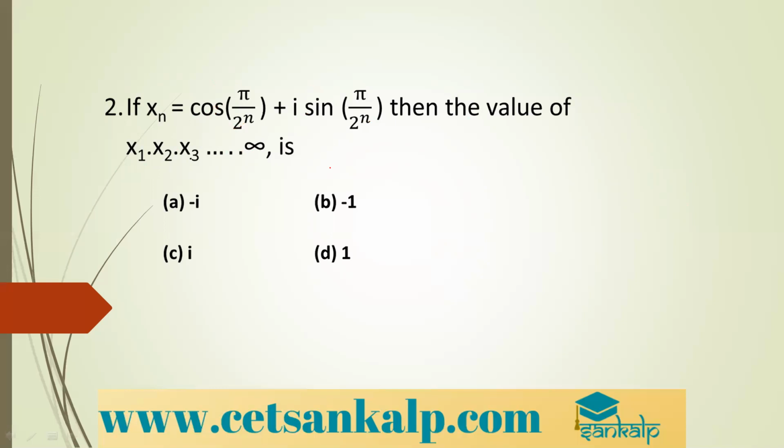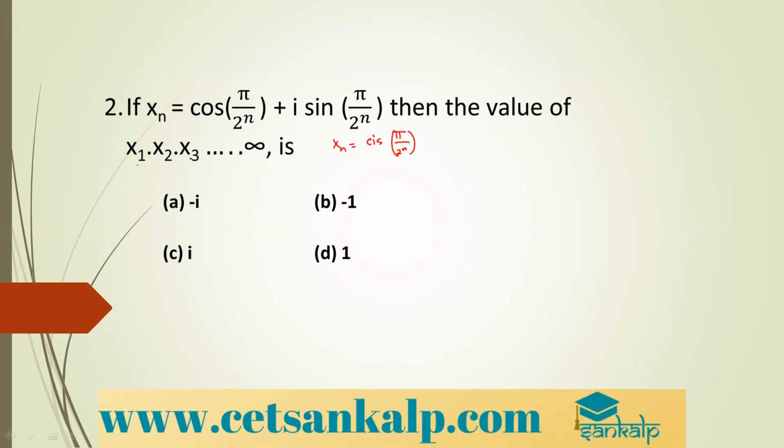So actually, this is in mod amp form, so the mod amp form I can write in shortcut. If you remember while explaining the synopsis, I told you, I can write xₙ as cis(π/2ⁿ).